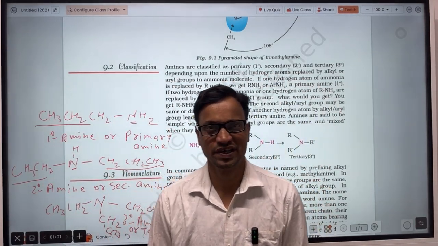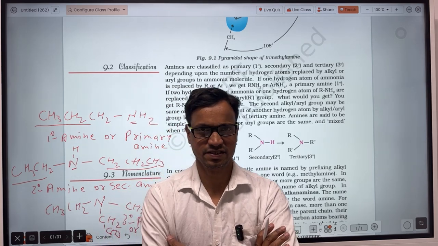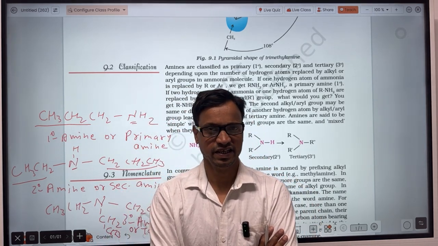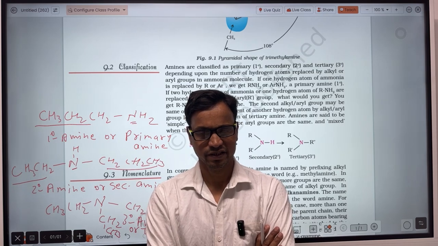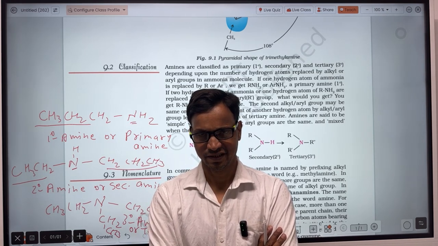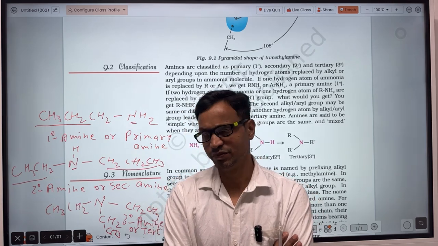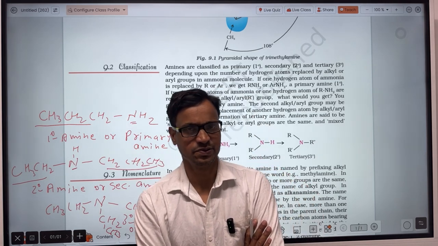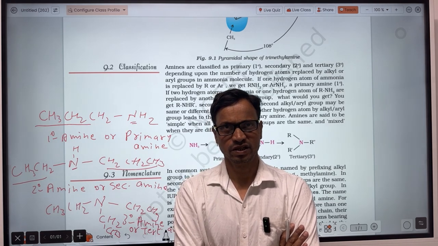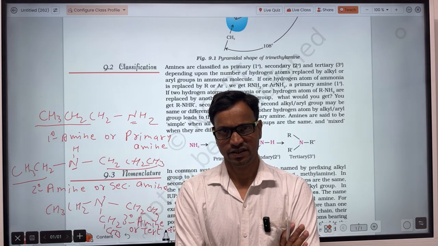This 1-degree, 2-degree and 3-degree amine is classified on the basis of how many hydrocarbons are bonded to one nitrogen. If only one hydrocarbon is bonded to one nitrogen, then that will be called 1-degree amine or primary amine.